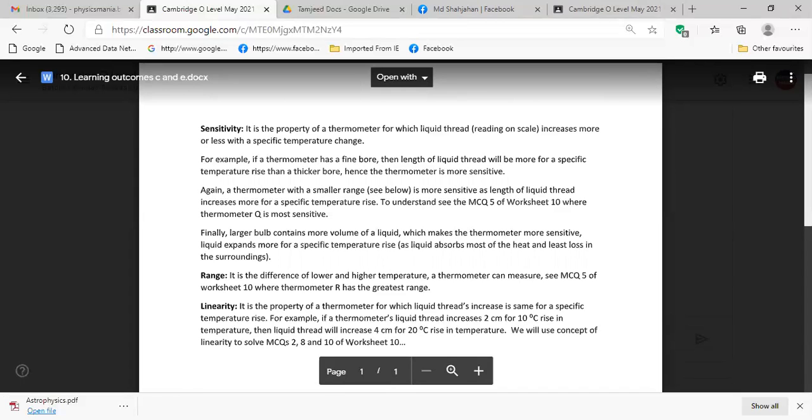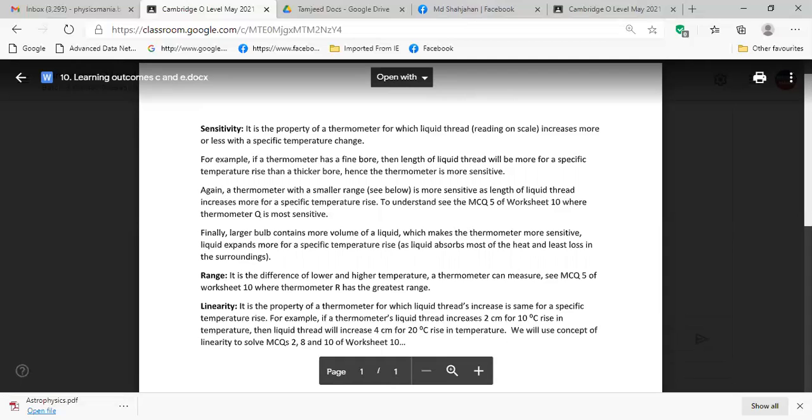To understand, see MCQ 5 of worksheet 10 where thermometer Q is most sensitive. So this one you understood, that sensitivity is also linked with range. If the thermometer has a smaller range, then the thermometer will be more sensitive.